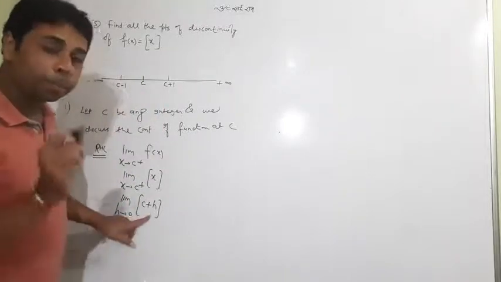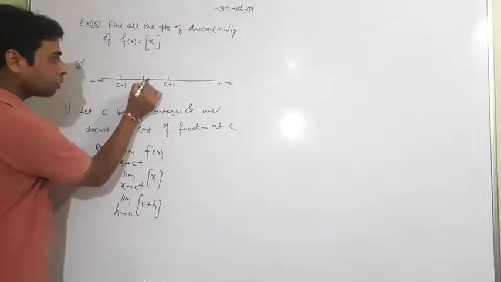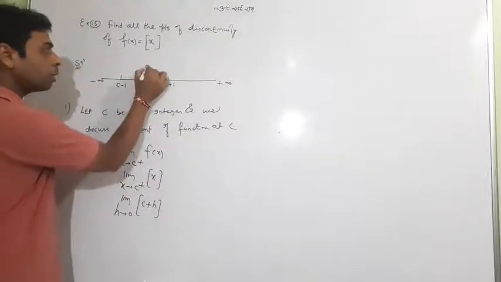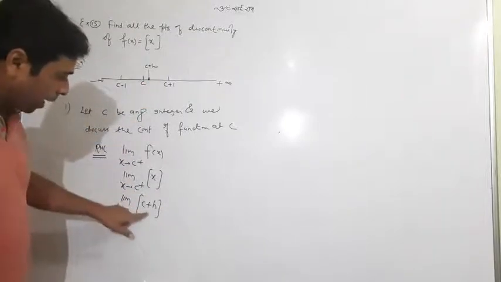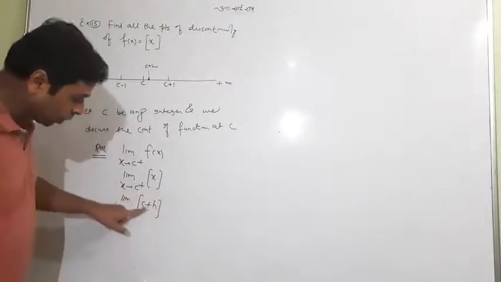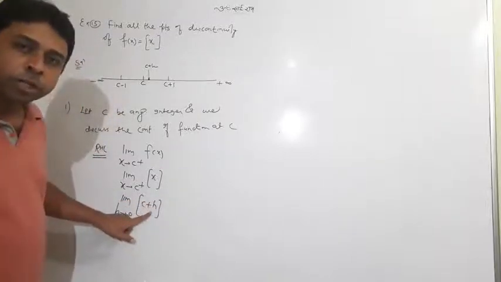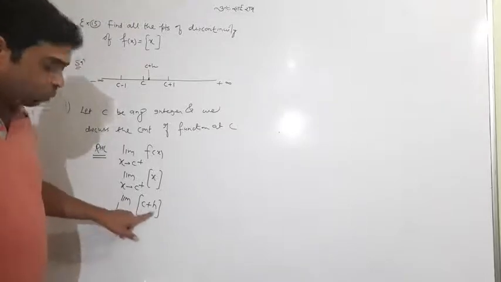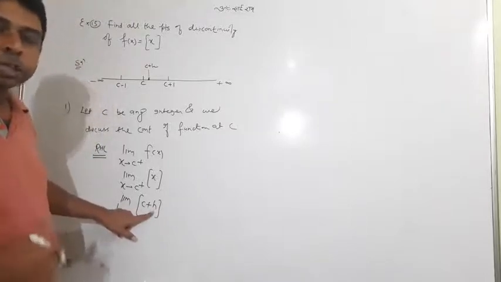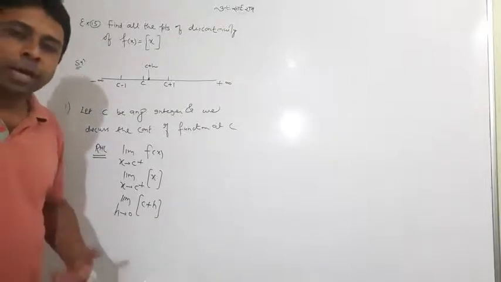The h is a very small interval, so c plus h is almost here. It is c plus h. The greatest integer function is operating on c plus h. Don't put h equal to 0 yet, but first find what the greatest integer function gives on c plus h.